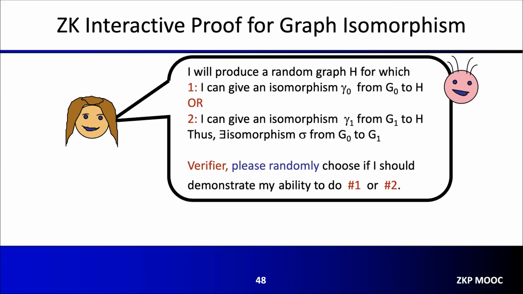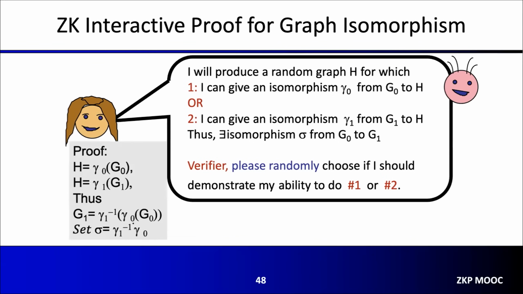How does he do it? Here is what he does. He says to the verifier, listen, I'm going to forget about the proof for a minute. Let's just say what the interaction is. I'm going to produce a random graph H, like a third graph, so that I can give you an isomorphism either from G0 to H, or I can give you an isomorphism from G1 to H. These are 2 different isomorphisms.